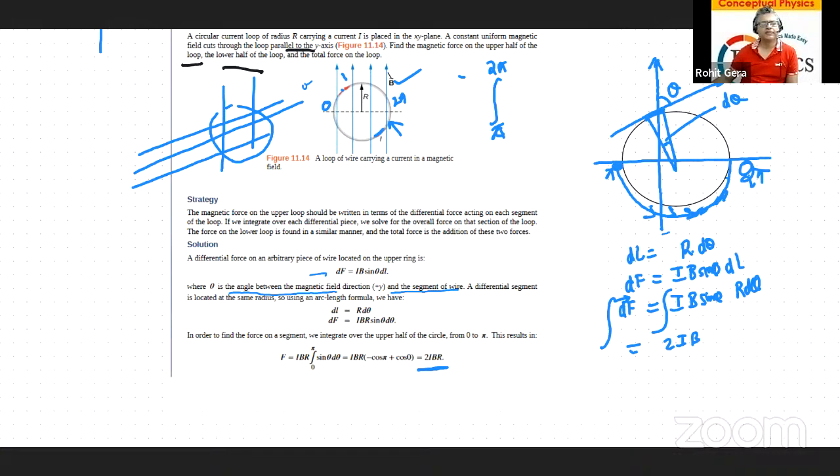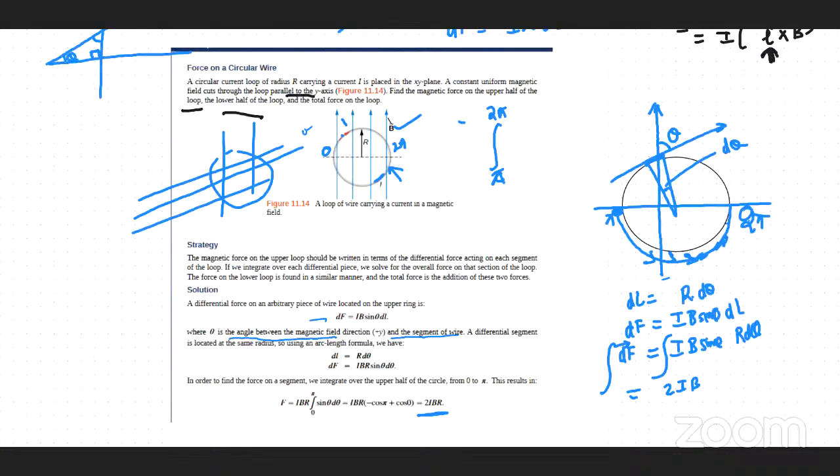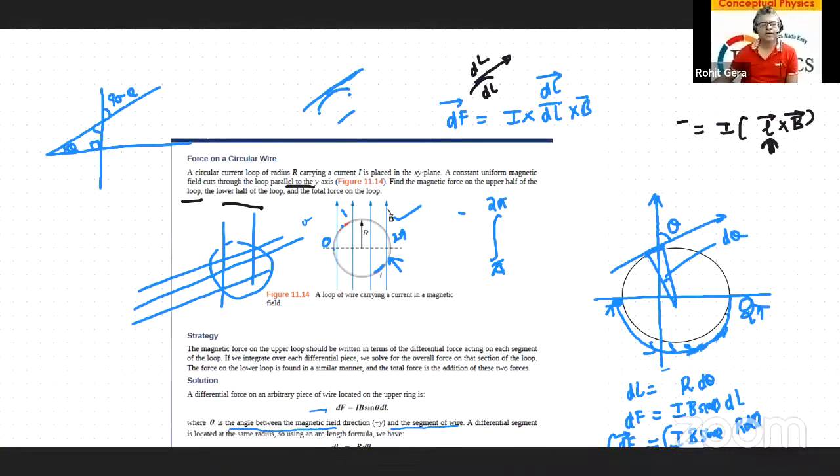That is the only difference. इसमें द होल अपर पार्ट एक्सपीरियंस 2IBR एंड द लोअर ऑल्सो एक्सपीरियंस इन रिवर्स डायरेक्शन.